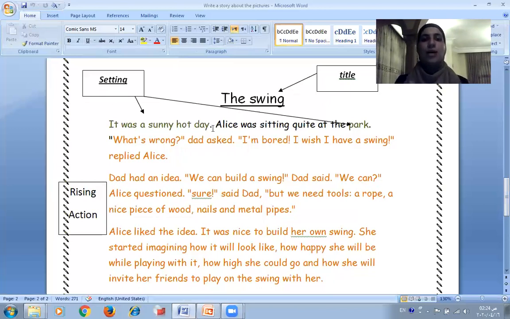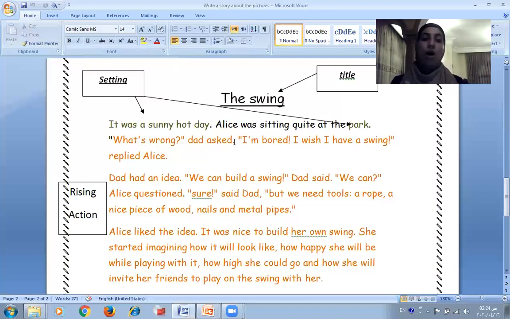It was a sunny hot day. Alice was sitting quiet at the park. So you have time, hot day, so it's summer, and you have a park, which is the place. And you should also include your characters. Well done. So we have Alice and we have Dad here.